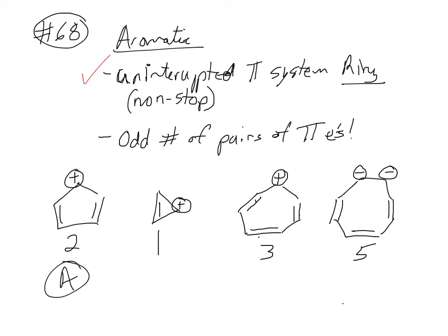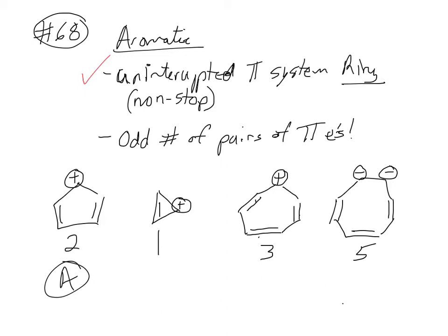If number 3 had a negative charge instead of a positive, that would be anti-aromatic. It wouldn't be non-aromatic, it'd be anti-aromatic. Actually, number 2 is, I mean, the definitions of non- and anti-aromatic are kind of the same thing. I would call number 2 anti-aromatic, but the question says not aromatic. It doesn't say is anti or is.